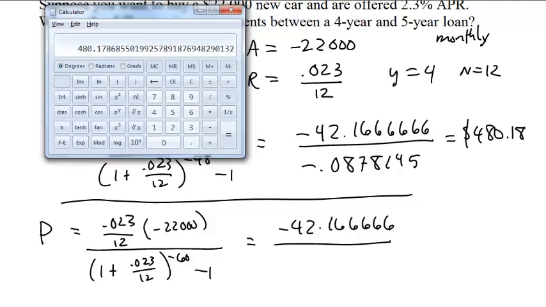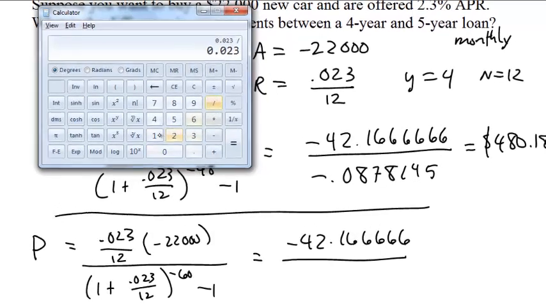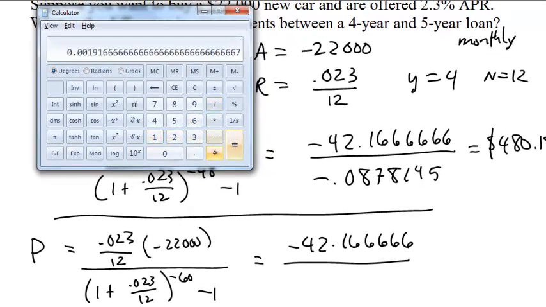What is that something? This is the way I usually like to do it. You do the division, then you do the addition, you say equals, you do the exponent, you say equals, then you subtract the 1. 0.023 divided by 12 equals, plus 1 equals, raised up to the 60 negative power equals, minus 1 is, now my denominator is negative 0.1085, blah, blah, blah, or I just say 1 over that.